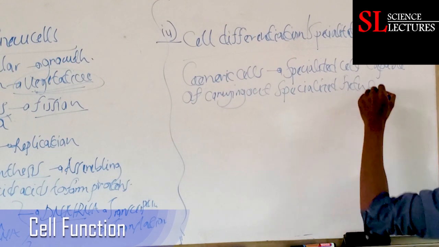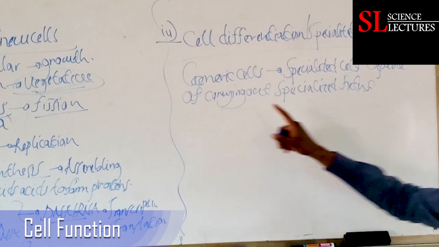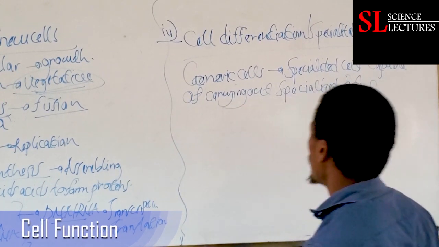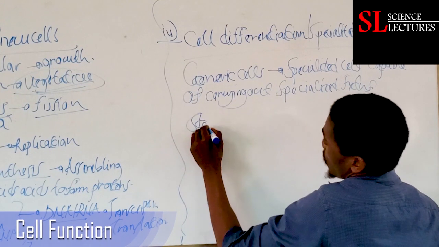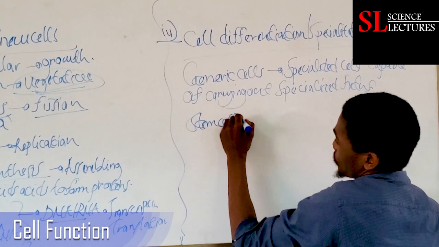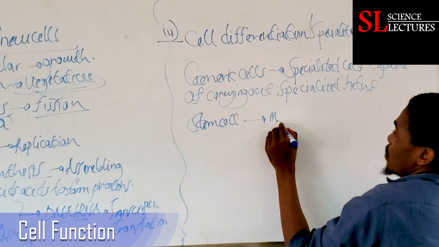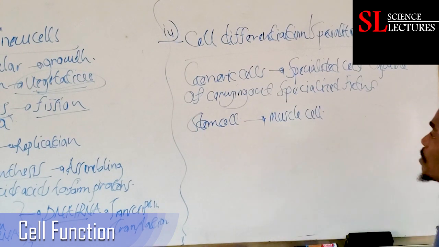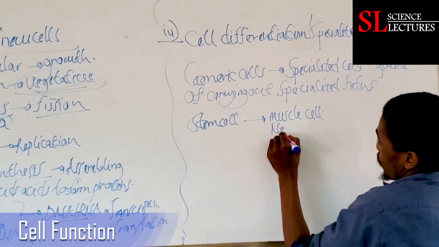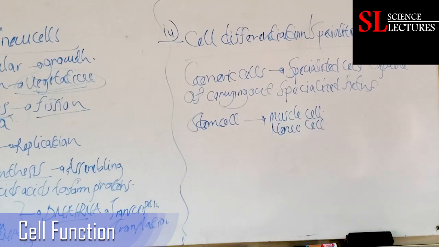We have a cell that develops into other cells that are capable of carrying out specialized functions. For example, a stem cell developing into a muscle cell, which is capable of carrying out a specific function, or formation of a nerve cell, which is specialized for carrying out a specific function.